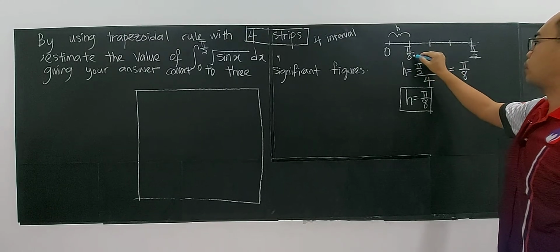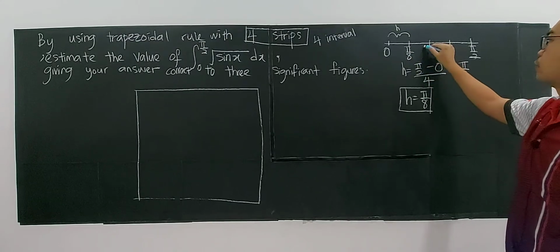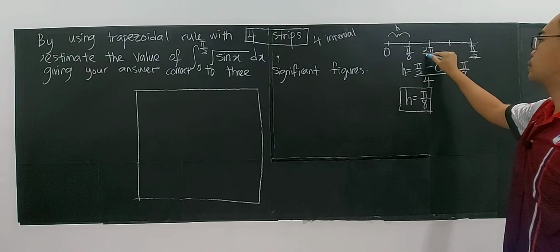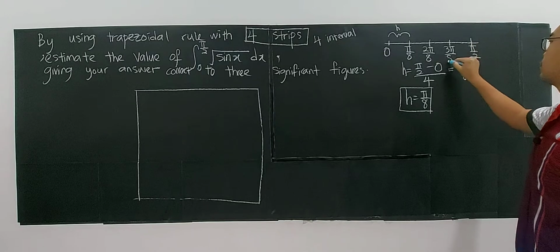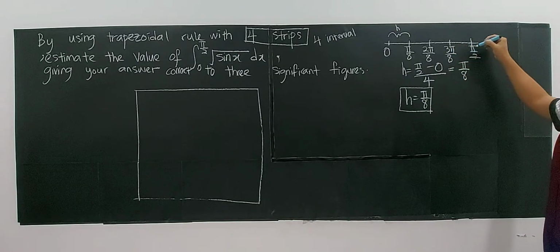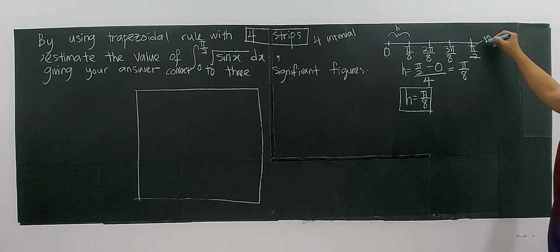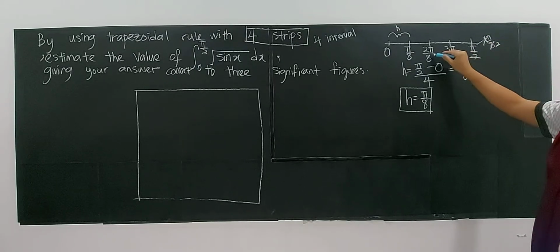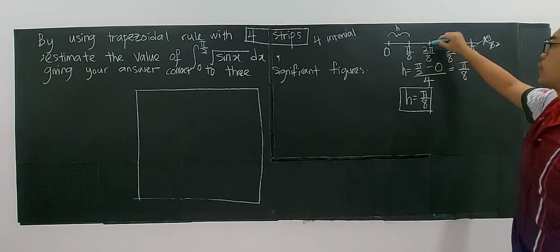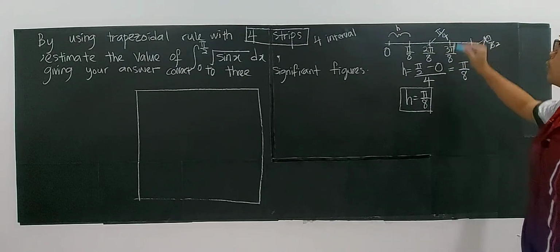If you add another pi over 8, you have 2 pi over 8. Add pi over 8 again, you have 3 pi over 8. Add again, you have 4 pi over 8, which after simplifying is pi over 2. Likewise, 2 pi over 8 simplifies to pi over 4.